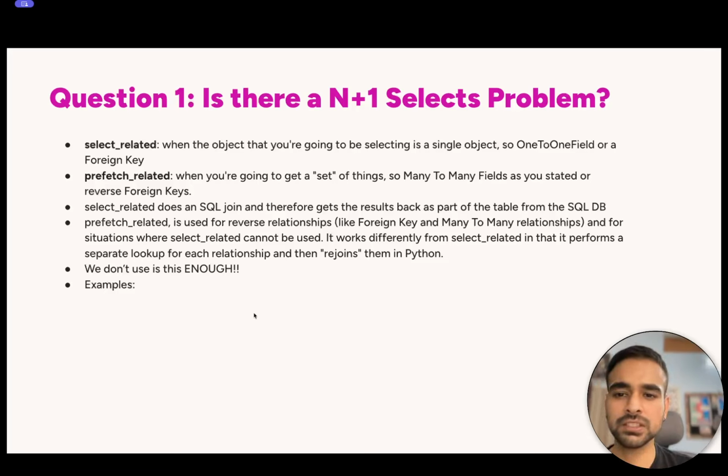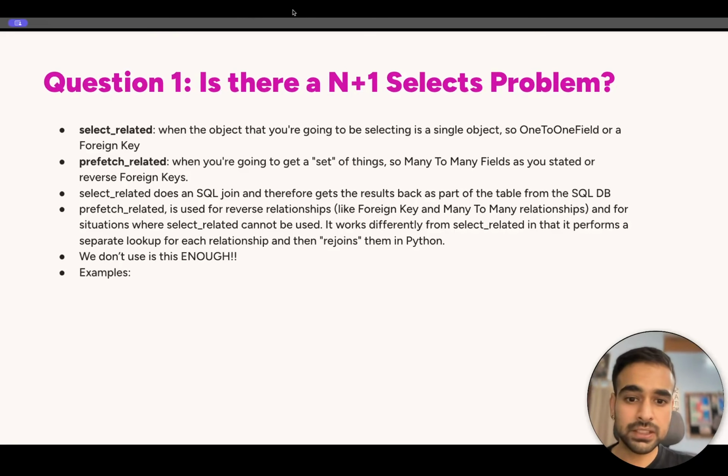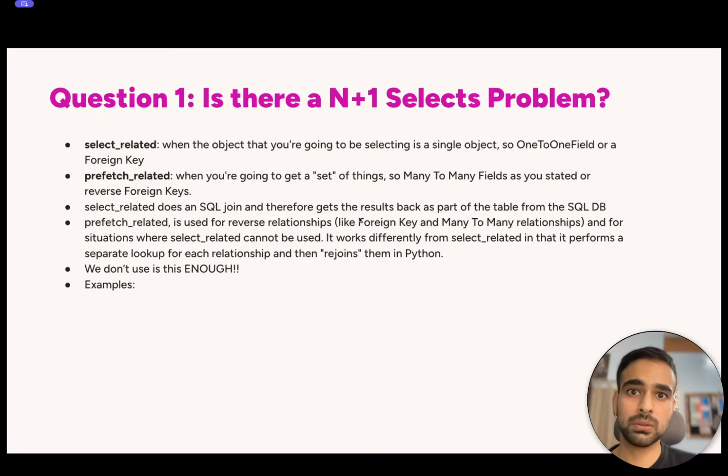It works a little differently than select related, and it performs a separate lookup for every relationship and then rejoins them within Python, when the Django code is executing, instead of making the join in the database. And I've seen this repeating so much that I don't know why developers don't use this enough.